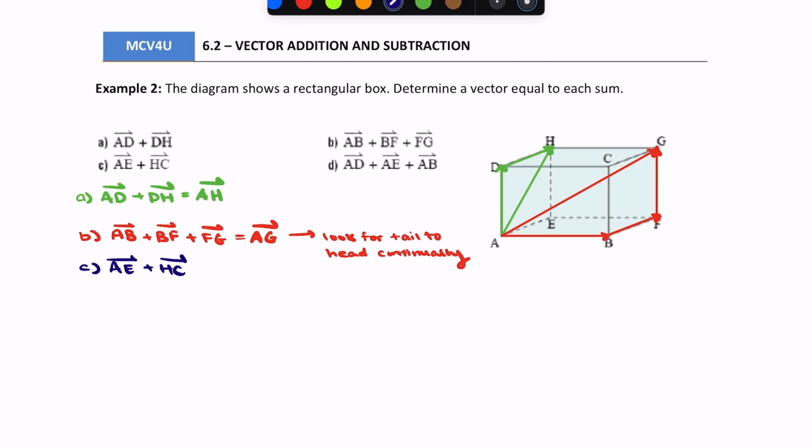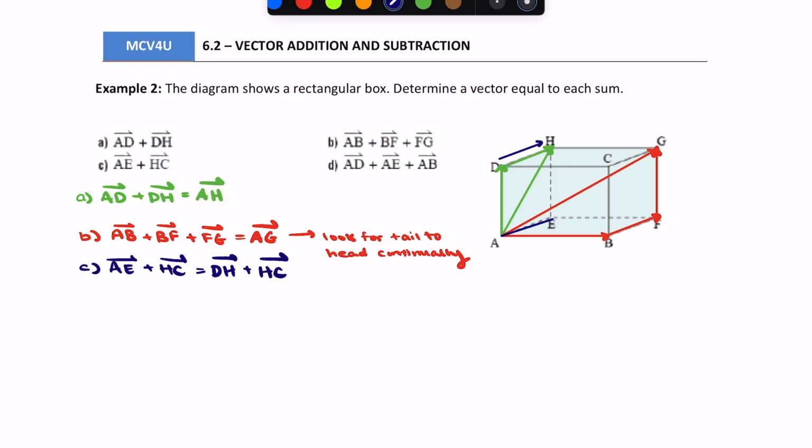So again, here we know that vector AE is the same as vector DH. And so we can write that. So here we can also write it as DH plus vector HC.